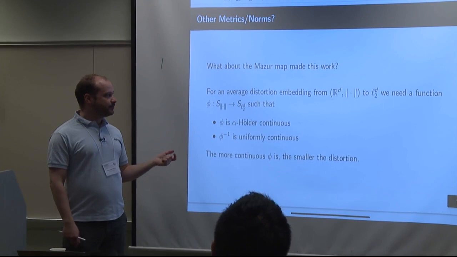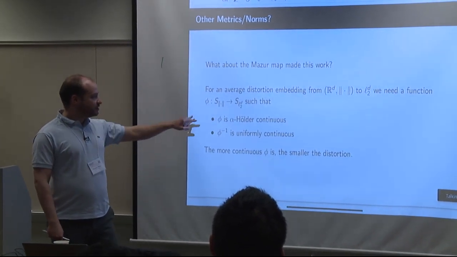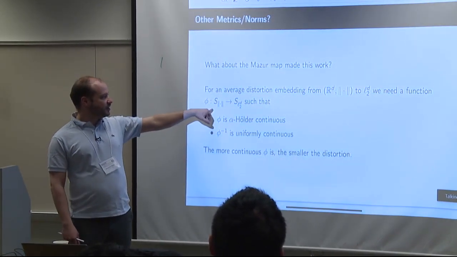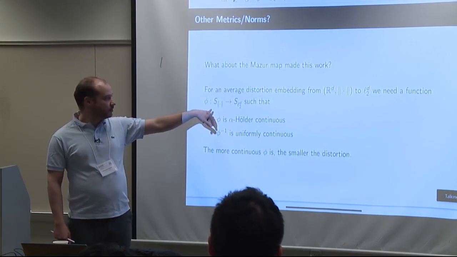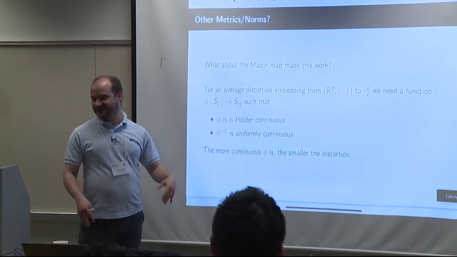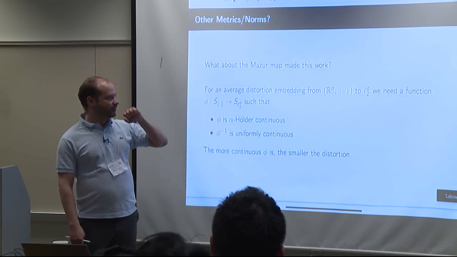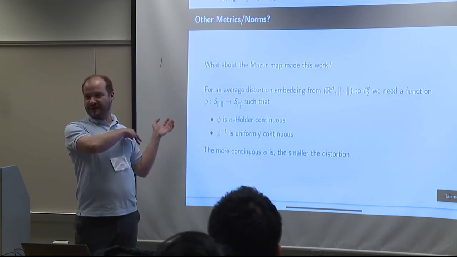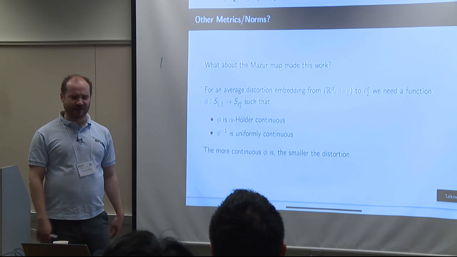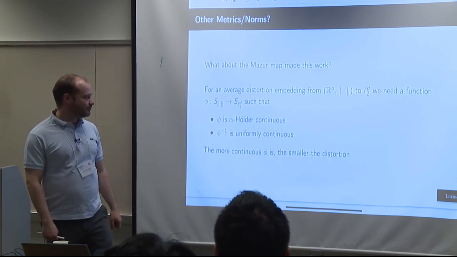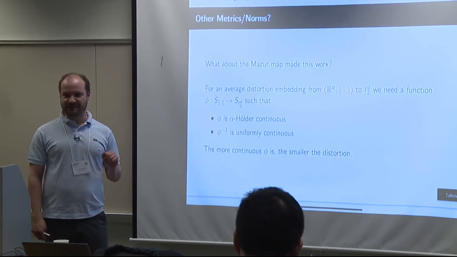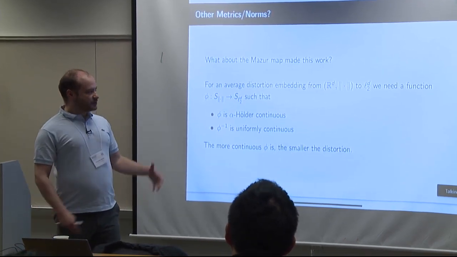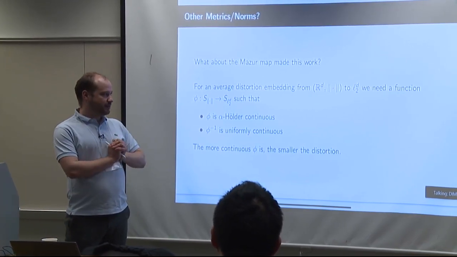It gave me a map, a function from the unit sphere of whatever norm I'm trying to send to L1 or L2 into the unit sphere of L1 or L2. Here I'm going back to L2, although what I showed before was L1, but these things work roughly in the same way. For this more general stuff, I think L2 is a bit nicer, so I'll go back to mapping into L2. Okay, so what was nice about the master map?